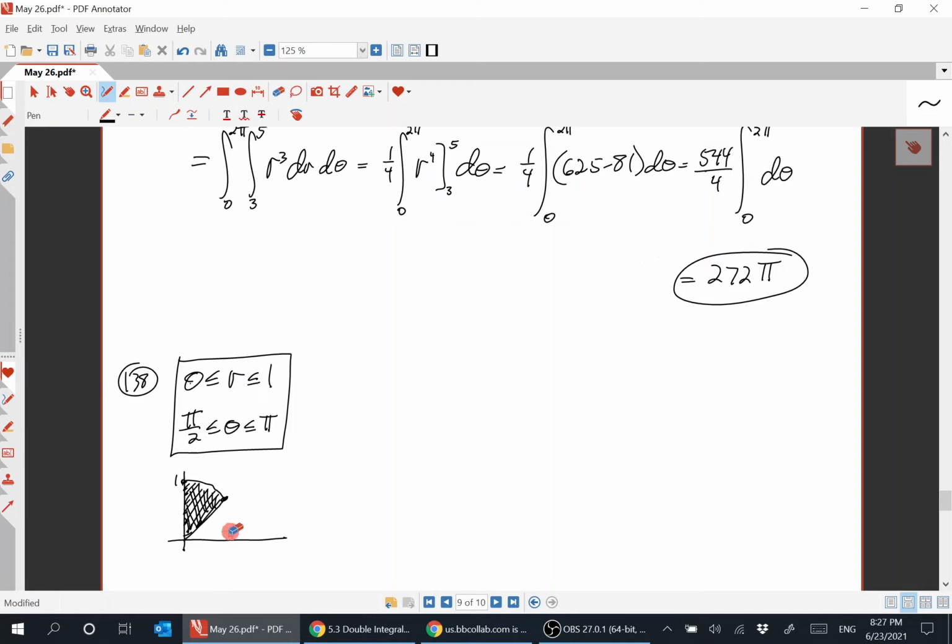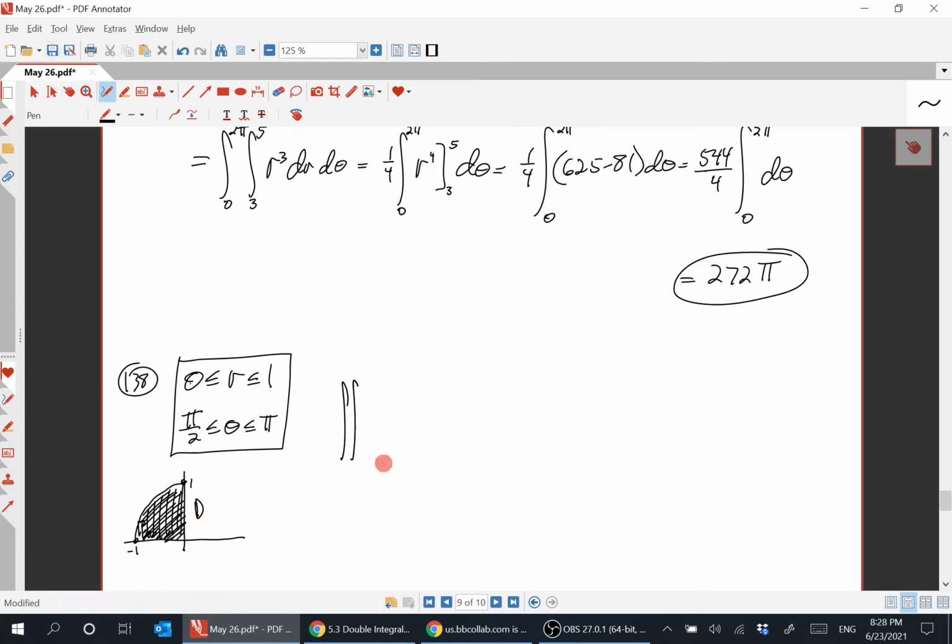Oops, no. That's pi over 4. Sorry, it is not ye old pizza slice. It is ye old quarter of a pizza. So from pi over 2 to pi, so that's that. So that's D.